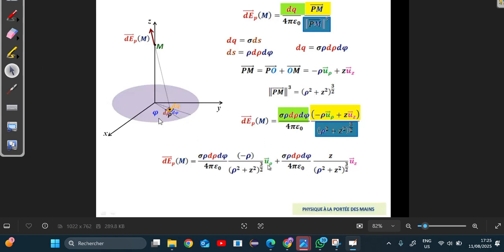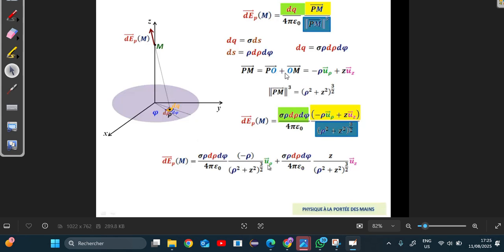As you can see from this diagram, because our E is on the z-axis, we're going to put any point, let's say point M. For you to find PM, it's going to be PO plus OM.